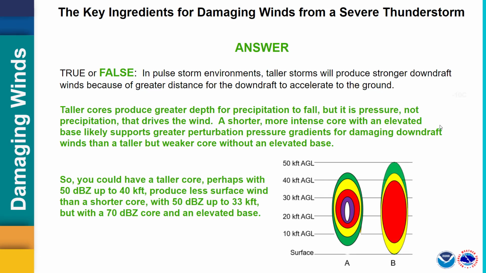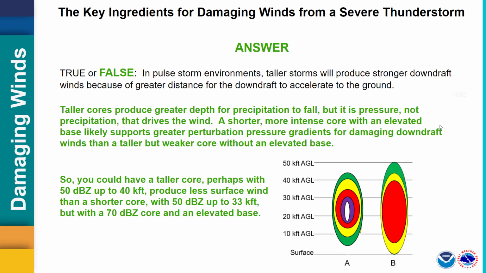So you could have a taller core, perhaps with 50 dBz up to 40,000 feet, produce less surface wind than a shorter core with 50 dBz to say 33,000 feet, but with a 70 dBz core and an elevated base. That core, for example, could represent melting hail that's cooling and increasing the pressure perturbation within that core, while the elevated base suggests a more intense updraft and thus a stronger perturbation low near the surface.